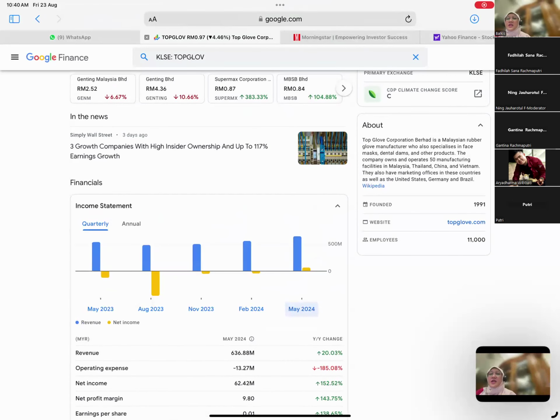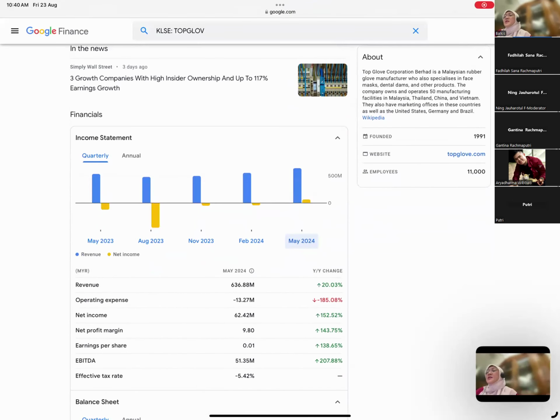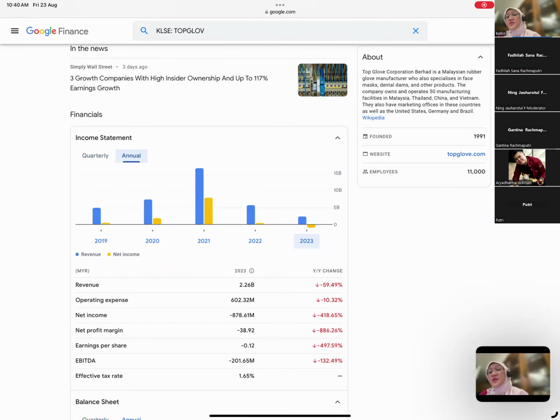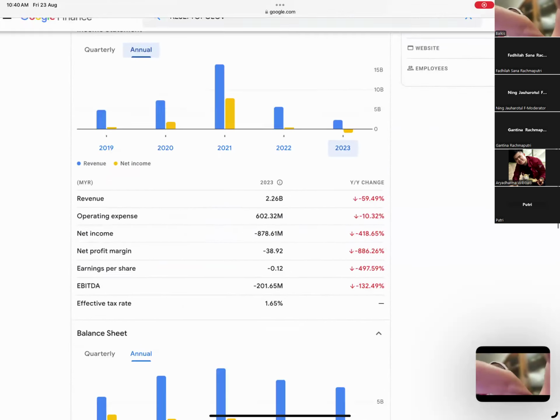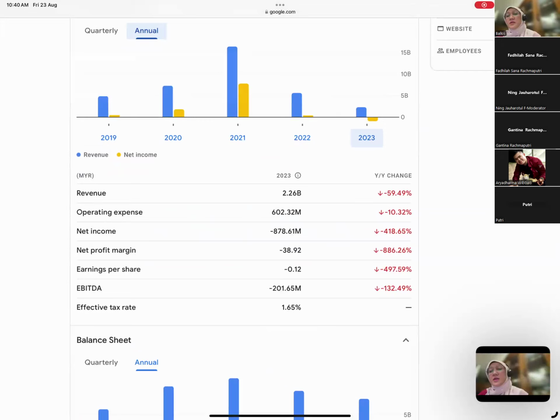So the income statement data shows the profit of the company. It shows the profit starting from the sales, the revenue, minus all the cost of goods sold, we get the gross profit. Minus all the expenses, we get net income before interest and tax.